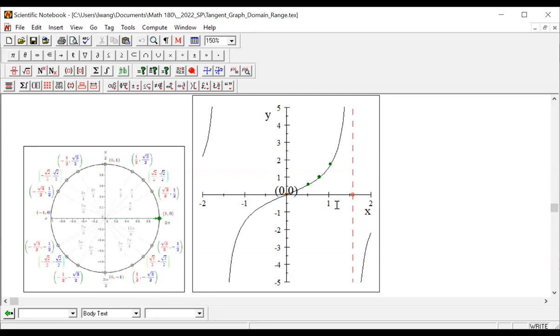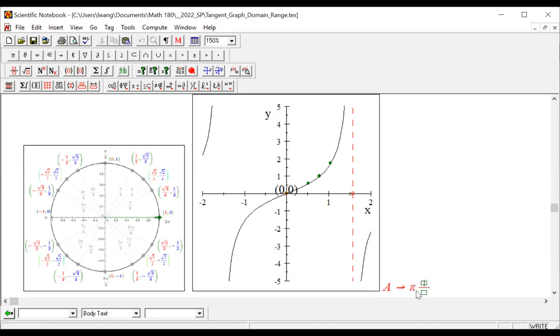Okay, so as the angle approaches pi over 2 from smaller than pi over 2, tangent is going to be approaching positive infinity, which we have mentioned, right?